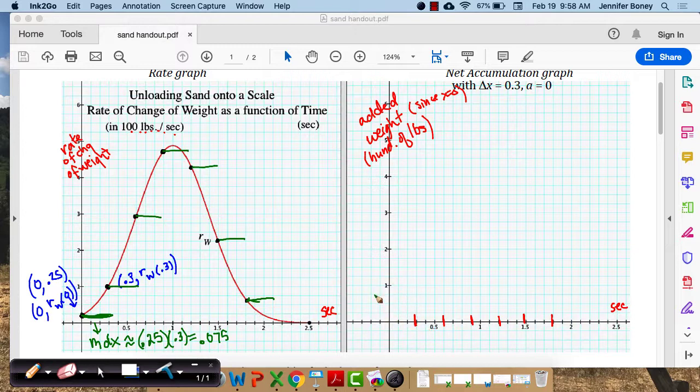But if I want to represent that here, I don't want to represent just this number. If I want to represent accumulation, I start from 0, it's net accumulation, and we increase from there because we've got positive rates. But for the first interval, I'm increasing really slowly. If I'm supposed to increase to a total of 0.075 100 pounds, and this first mark up here is 0.25, well, you can see this is going to be extremely low.